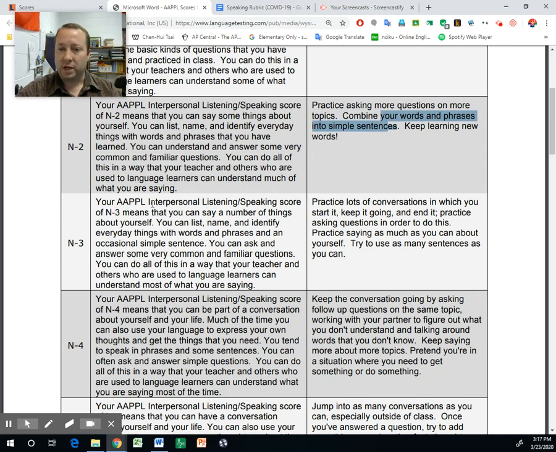Okay, 3. And 3 means you can say a number of things about yourself. You can list. So you're not just using single phrases, but you're saying, I like all of these things, or here's all these things about me. And you can throw them in. Their advice to get even beyond novice 3 is practice lots of conversation: start the conversation, keep it going, and end it.